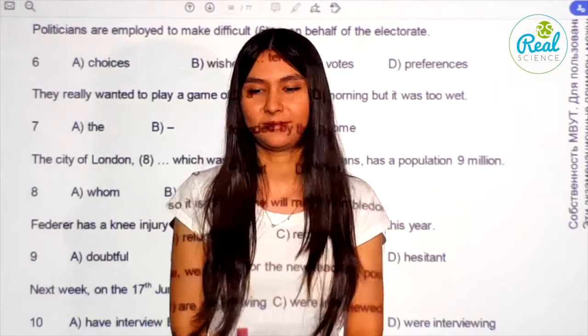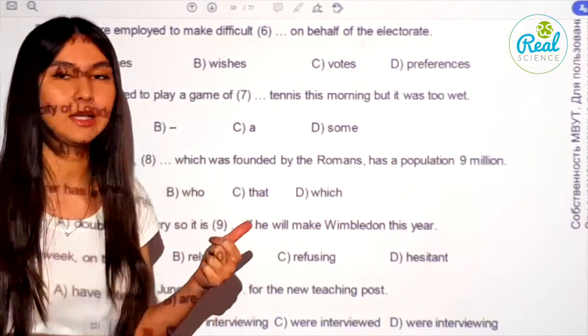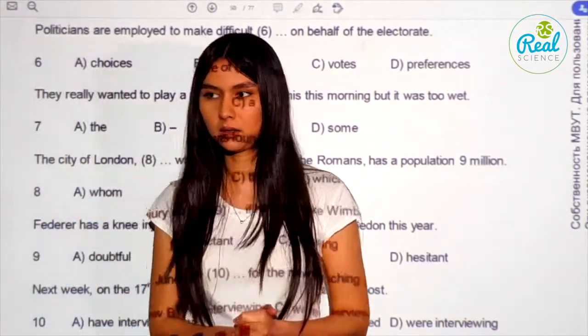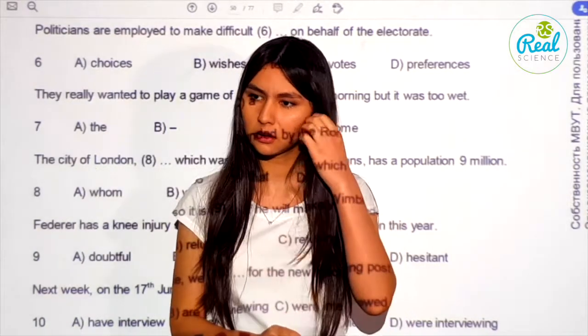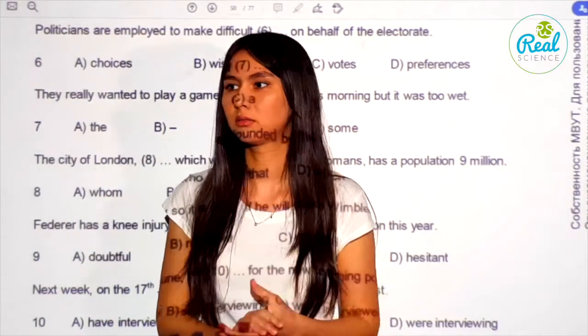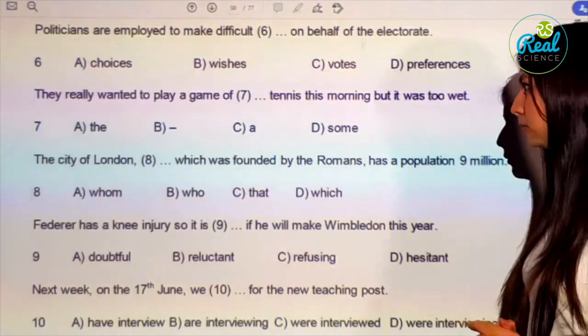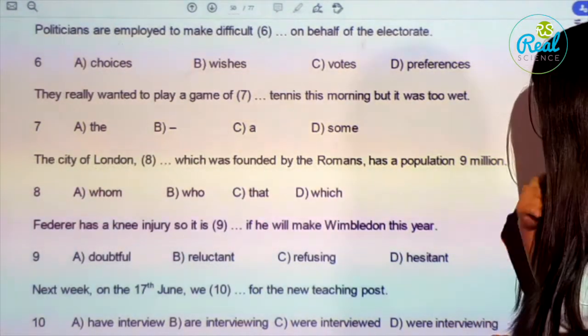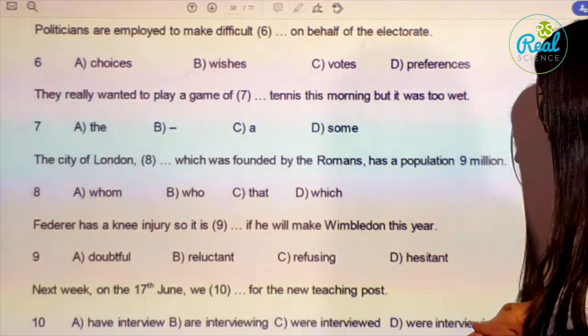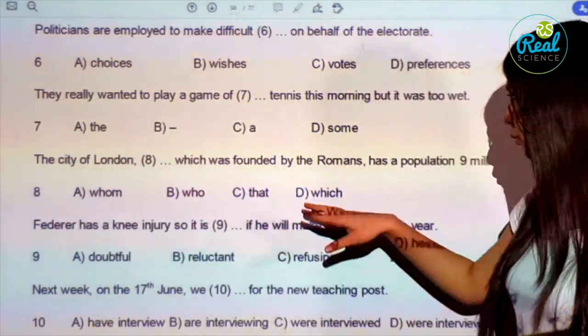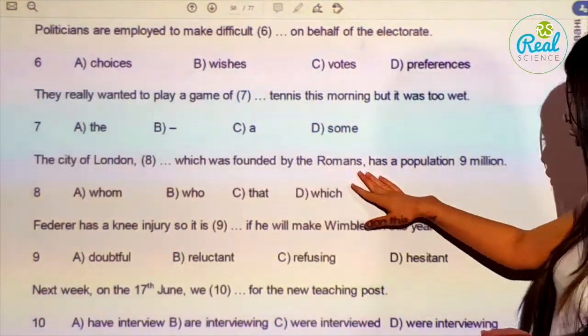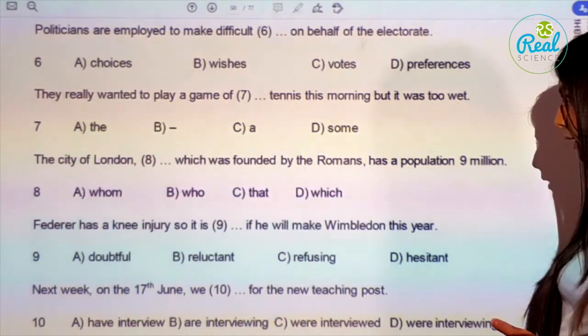Okay, thanks. Ready? There it is written the city of London, which, the answer is already given. It's the 8th sentence. The city of London, which was founded by the Romans, has a population of 9 million.